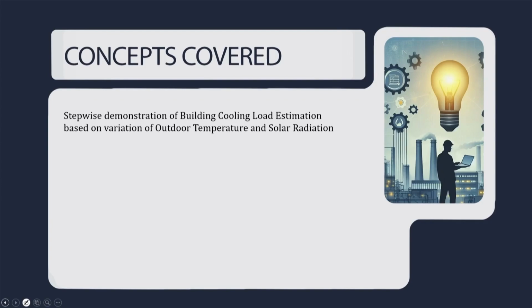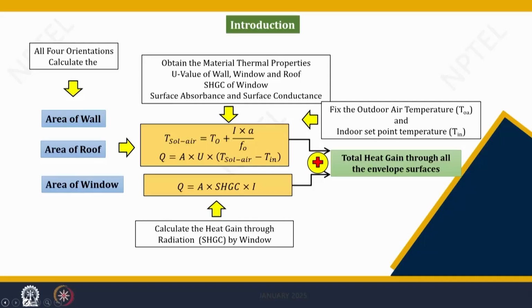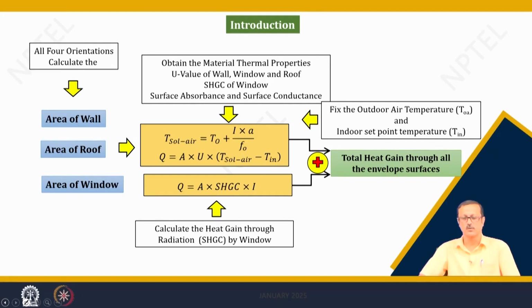stepwise how to calculate and estimate the building cooling load, and what happens if there is a variation of outdoor temperature. If we remember correctly, in the last lecture, lecture number 11, we calculated the cooling load based on a particular outdoor temperature and a particular solar radiation.